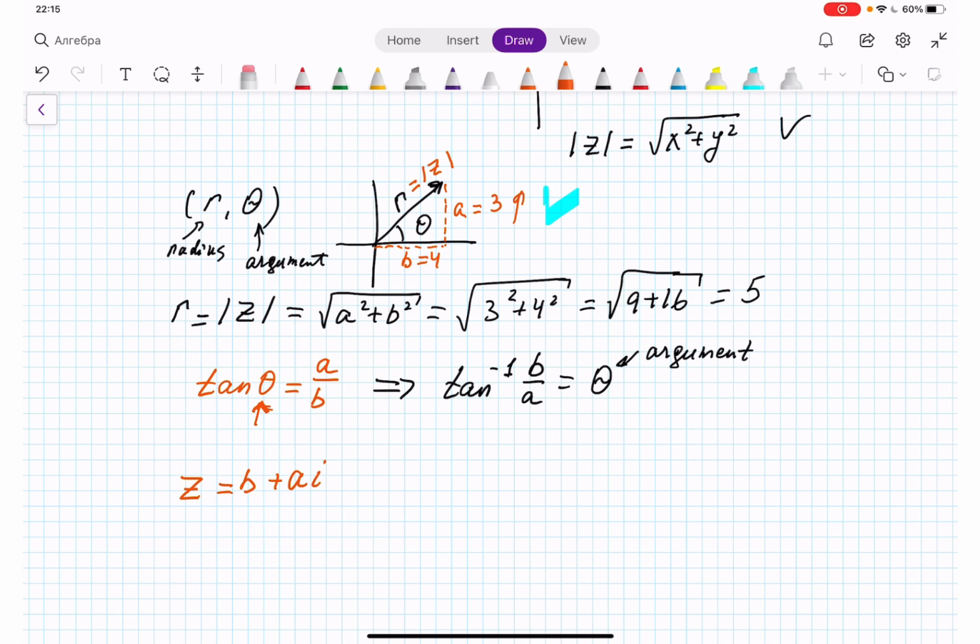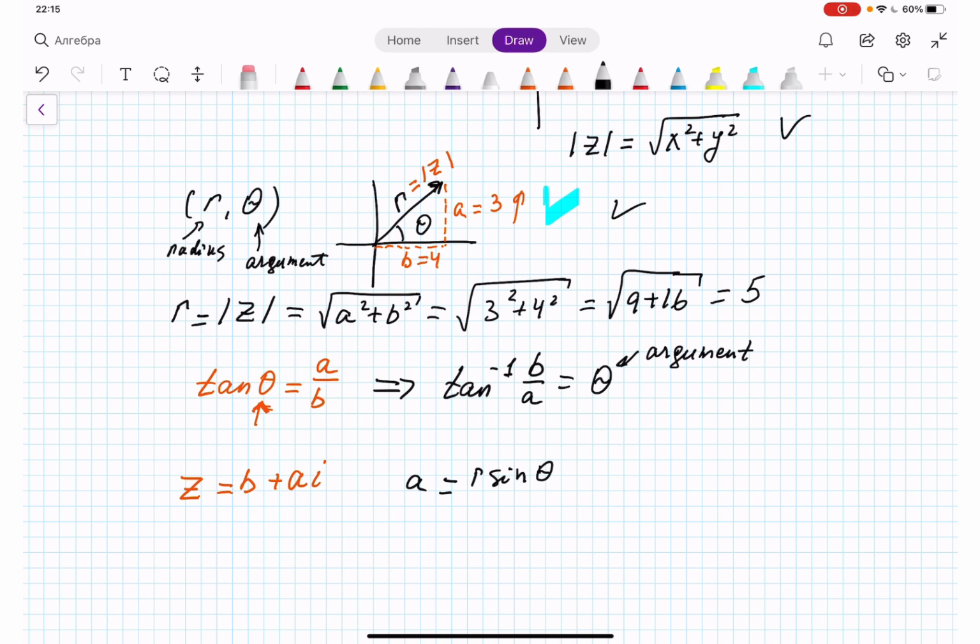All right, so from here, what else can I represent? My a in this case, from this graph, is going to be equal to r sine theta, because sine theta is equal to the opposite leg over the hypotenuse.